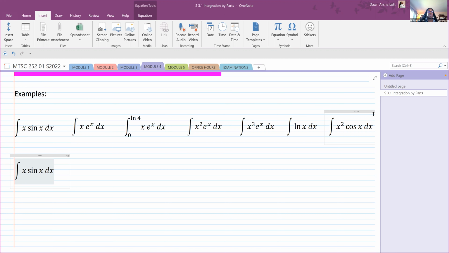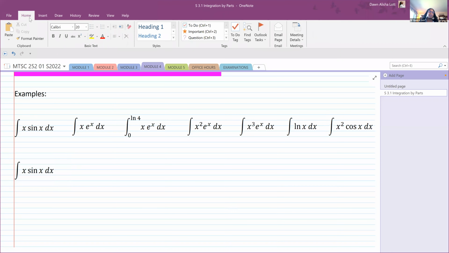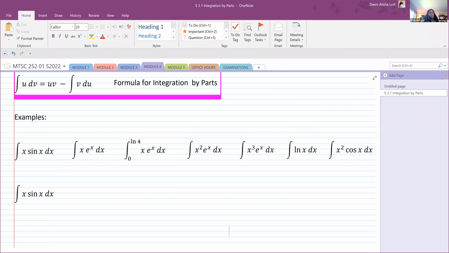Before we do anything, this answer is not 1/2 x squared cosine x plus c. You cannot integrate the x and you cannot integrate the sine. That is not the way you do this. So this is a u substitution problem, but we need to identify u and dv.